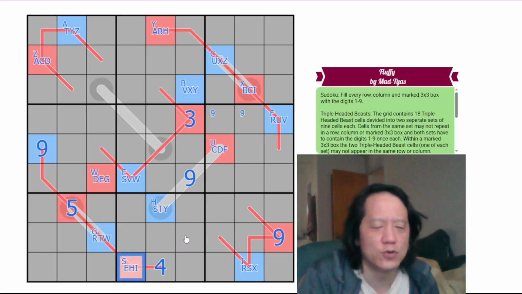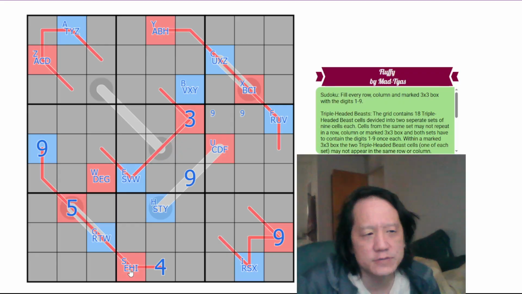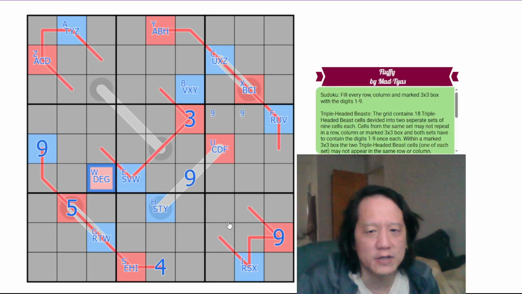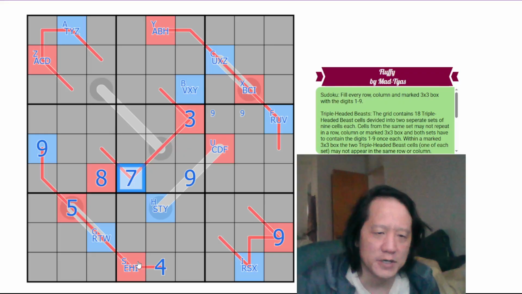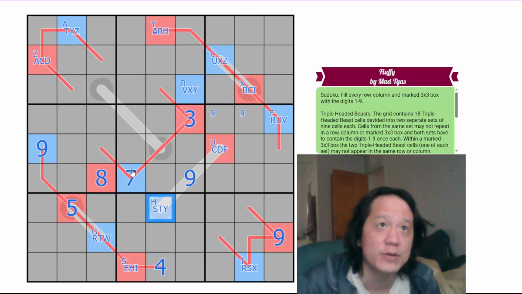If this is 4, this becomes at least 13, which means this is at least 22. So then this must be 8, and then this must be 7. But then this, again, has to add up to 13. This cannot be 1, 2, or 4. I guess it can't be, to add up to 13.